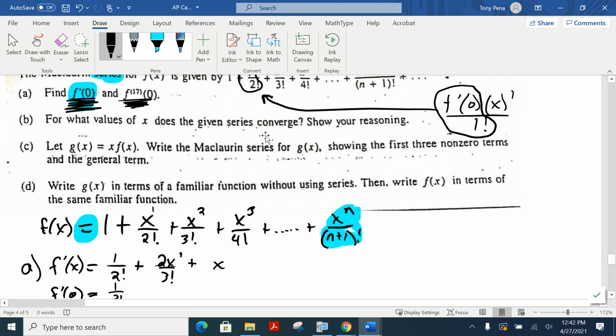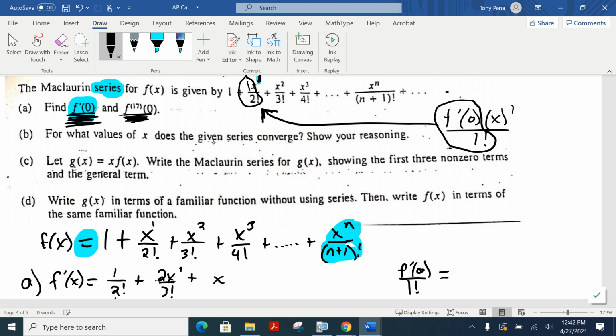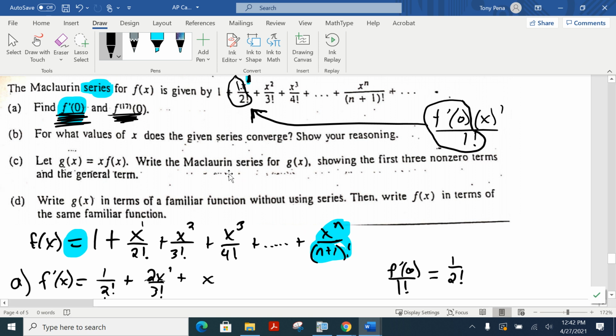So I'm going to set that up. So f primed of 0 divided by the 1 factorial in this particular problem became this 1 over 2 factorial.